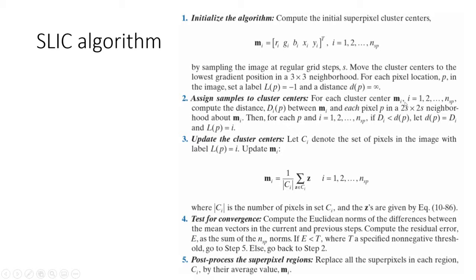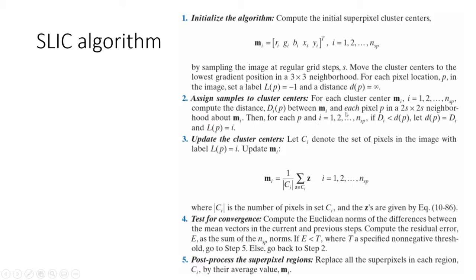For each cluster center Mi, compute the distance Di between M and each pixel P in a 2S by 2S neighborhood. So S is the size of your neighborhood, right? About the center.